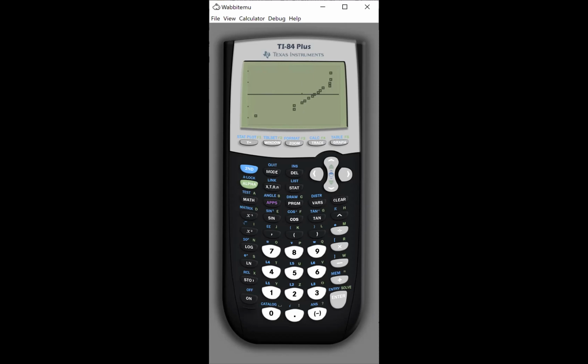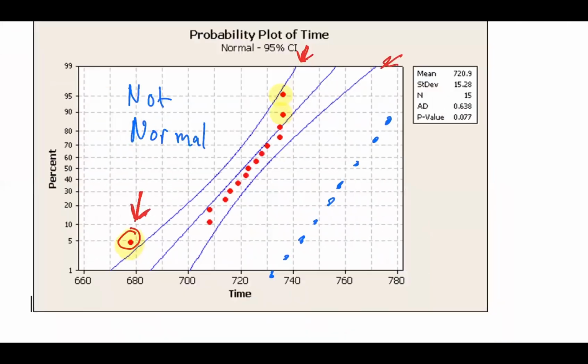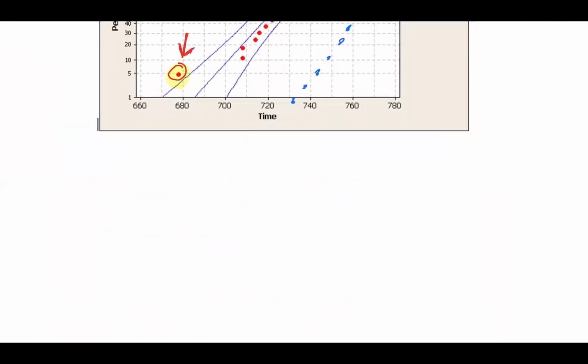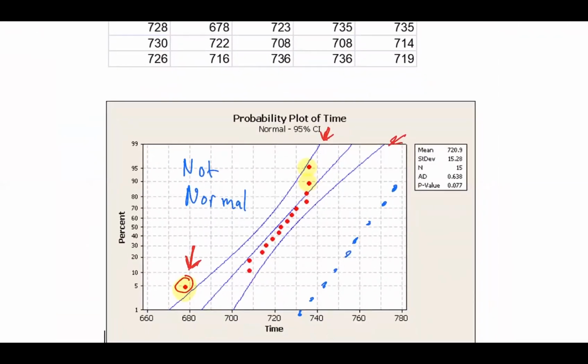All right, let me switch over to my notes again. For this one, just remember, since we do have some departure from the line, we're going to say it's not normal.